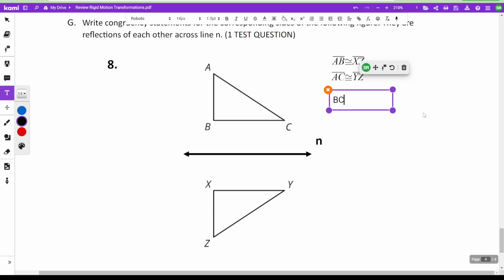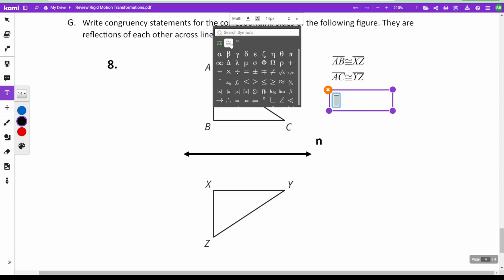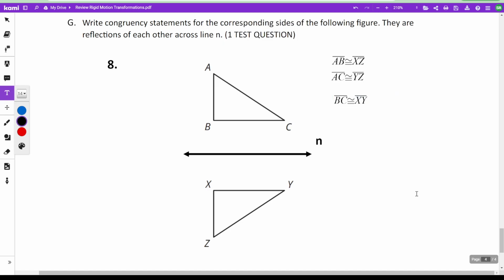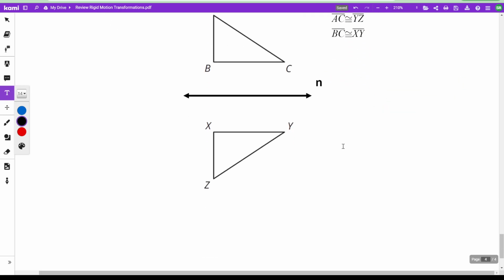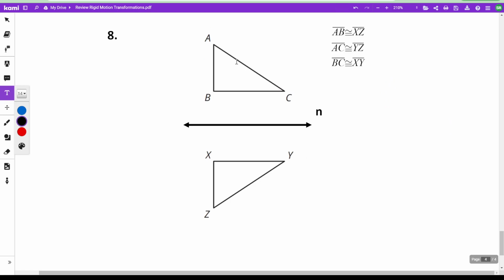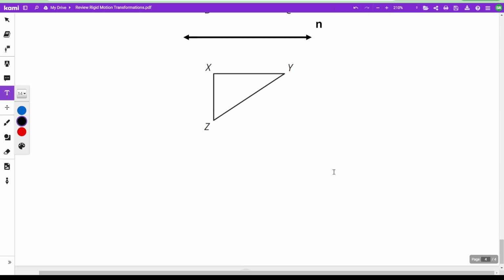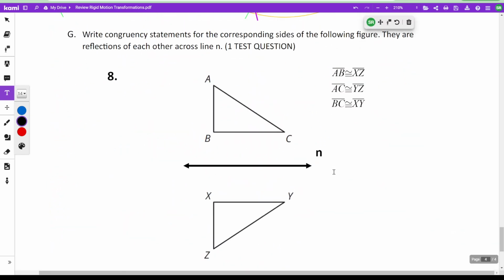So we're going to say BC is congruent to XY. And there, we're done.